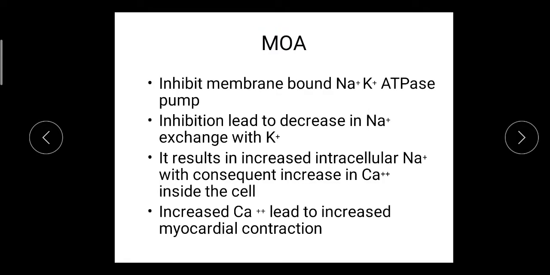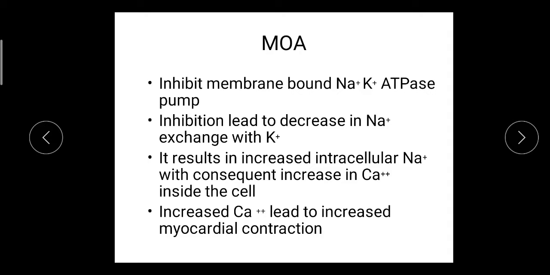Now the next part under cardiac glycoside is the mechanism of action. Cardiac glycosides bind to the sodium potassium ATPase in the membrane.